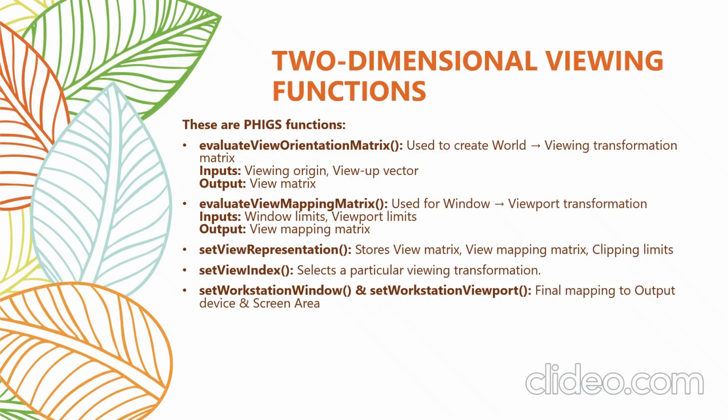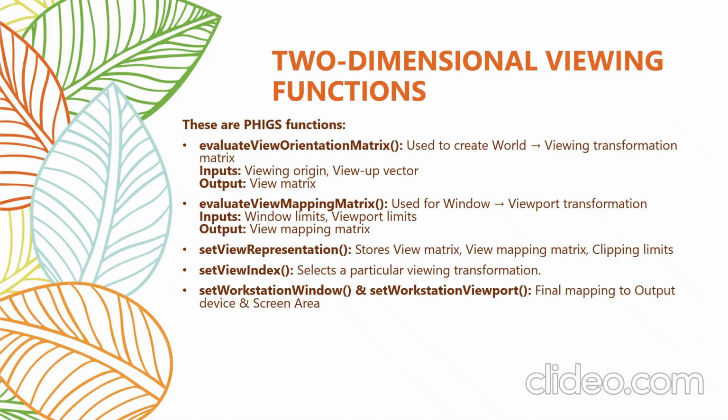Finally, let us discuss the important viewing functions provided by PHIGS, which stands for Programmer's Hierarchical Interactive Graphics System. Let's start with the first function, which is evaluate view orientation matrix.